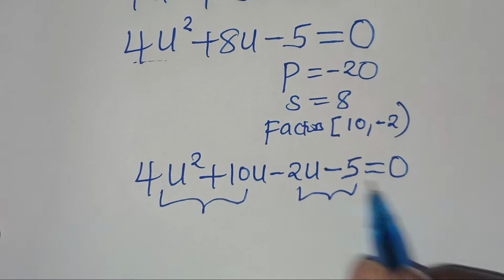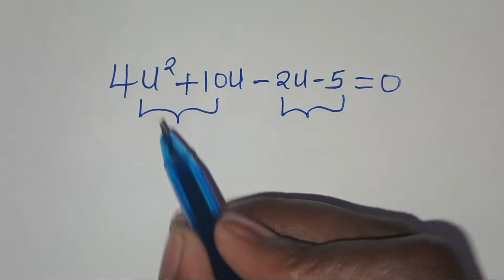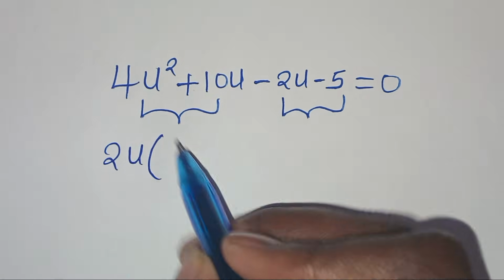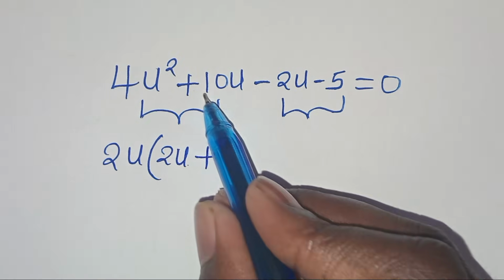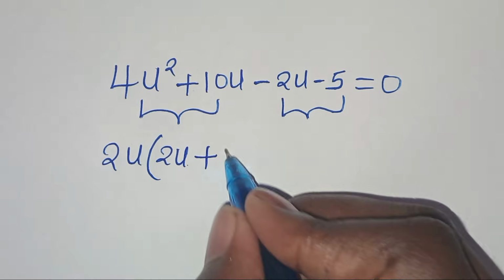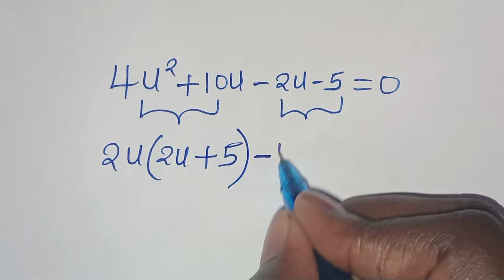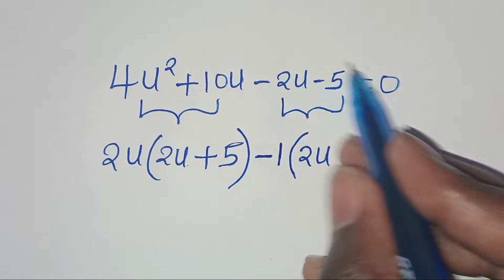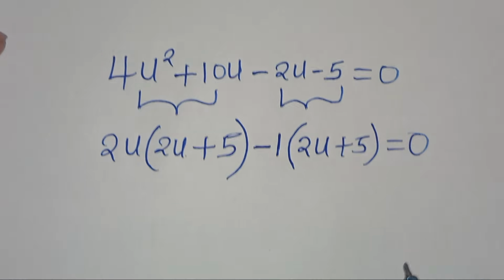From the first part, 2u is common, so we factor out 2u into the parentheses. 4u squared divided by 2u is 2u, then plus 10u divided by 2u is 5. Close the parentheses, then minus 1 is common here, so we factor out minus 1 into the parentheses. This is 2u, then minus 5 divided by minus 1 is plus 5, and this is equal to 0.